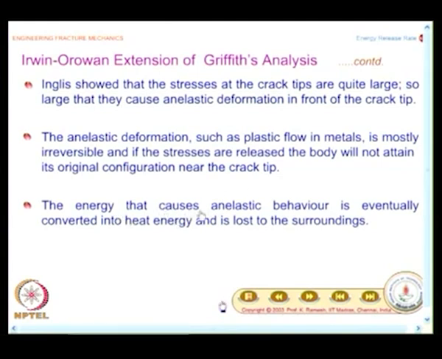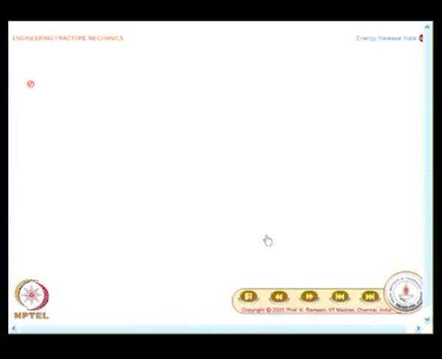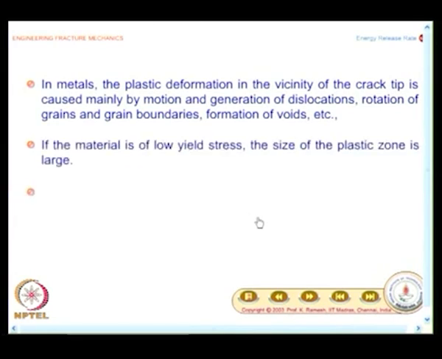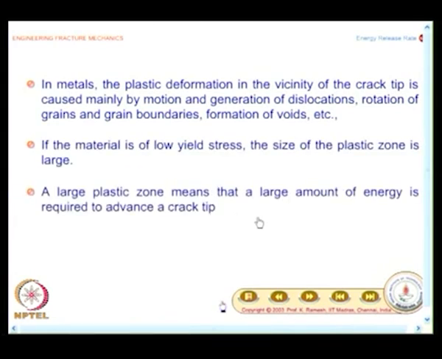The energy that causes anelastic behavior is eventually converted into heat energy and is lost to the surroundings. That is quite all right. Notwithstanding all this, what Arvind suggested was, he simply said, anyway, that is not seen in this slide. Anyway, I will find out what other aspects.